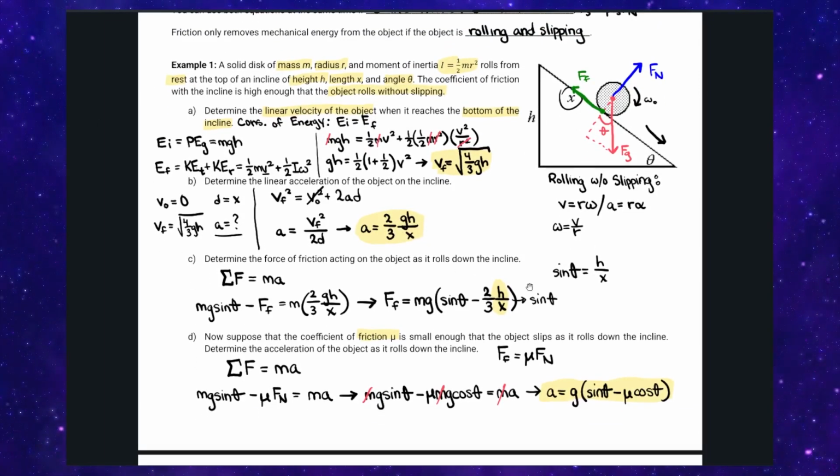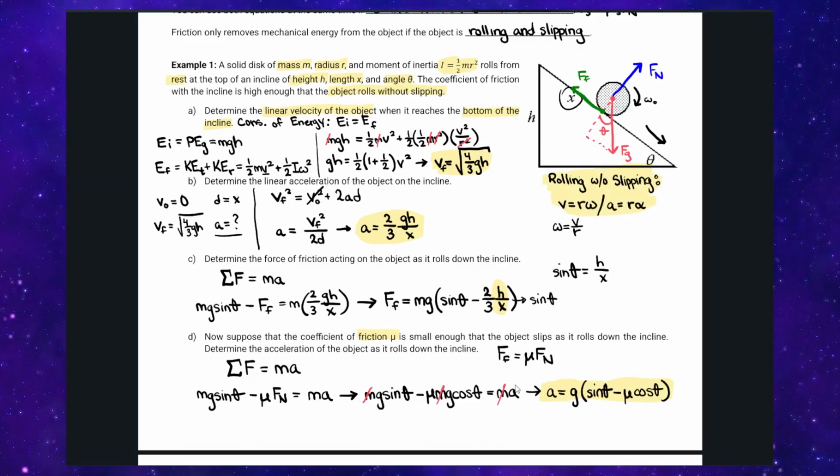So this is one of many examples in which you could apply rotational motion to an object on an inclined plane. And it's really just worth noting the sheer range of formulas and equations and concepts that you have to apply to an object that's just rolling down an incline. So it's really important here to highlight every single piece of information that's available to you in this problem, and also to remember what conditions you're allowed to apply, whether the object is rolling without slipping or rolling with slipping.